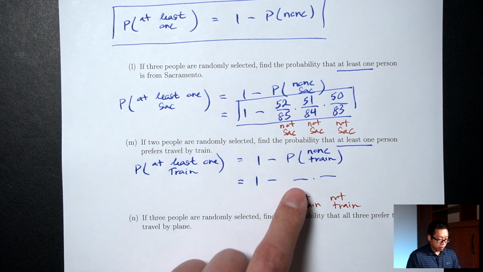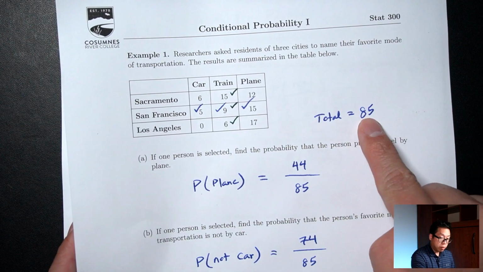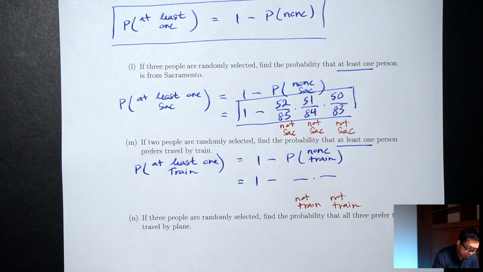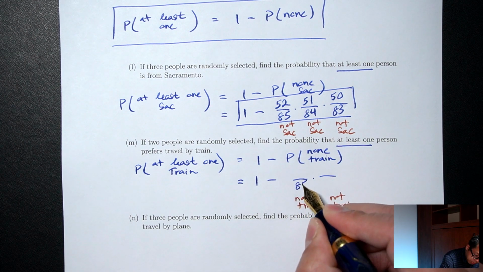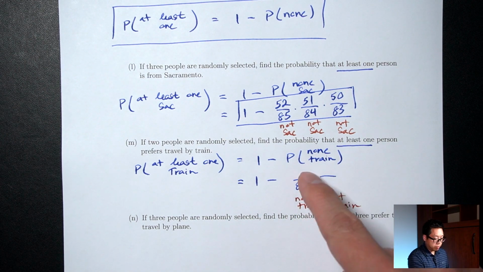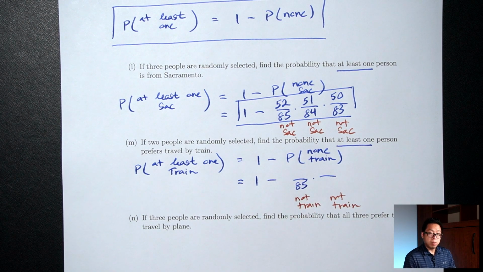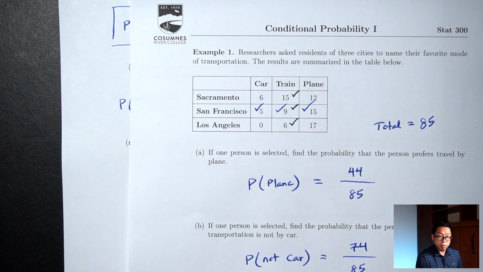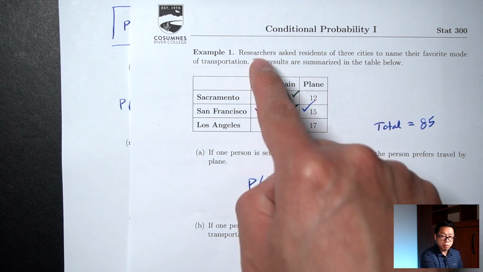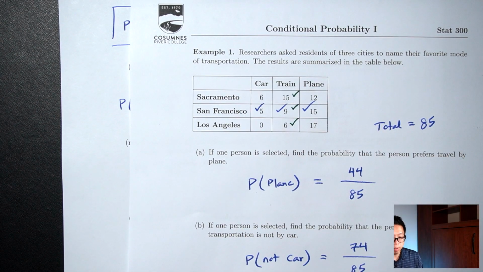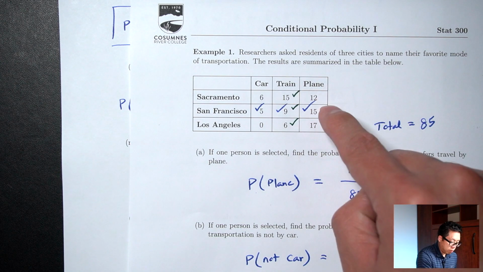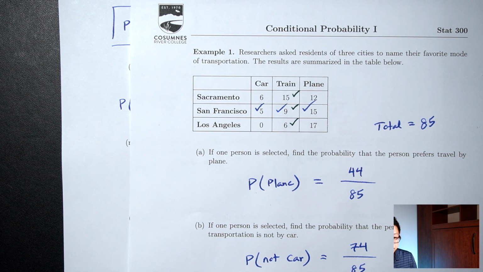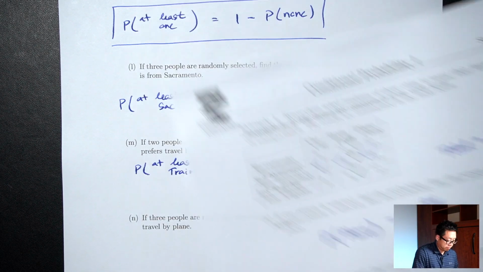First fraction, the bottom is going to be the total, which is 85. Up top, I want how many not train. Not train would be the cars together with the planes. So 6 plus 5 plus 0 plus 12 plus 15 plus 17, which is 55.